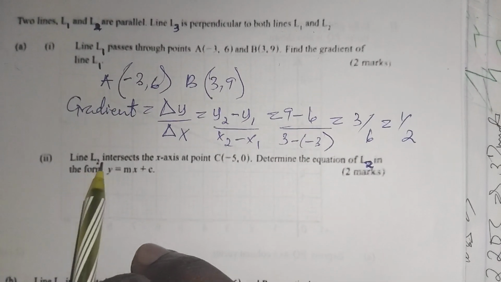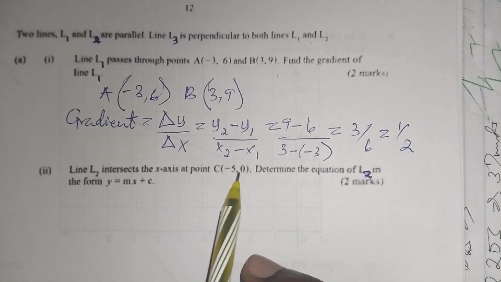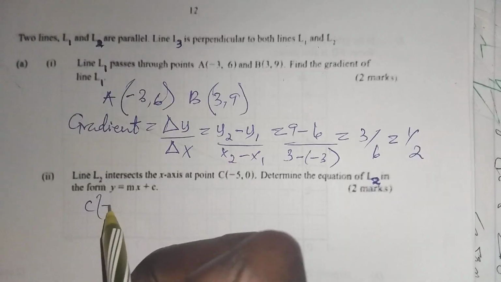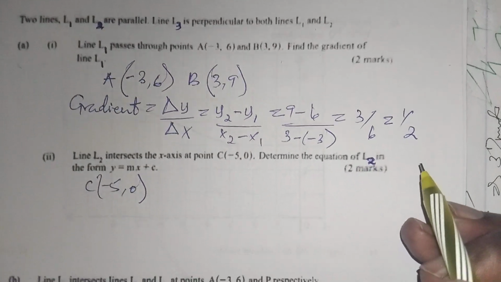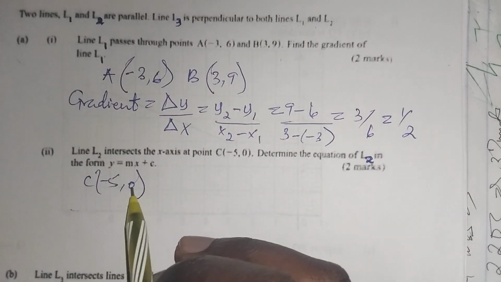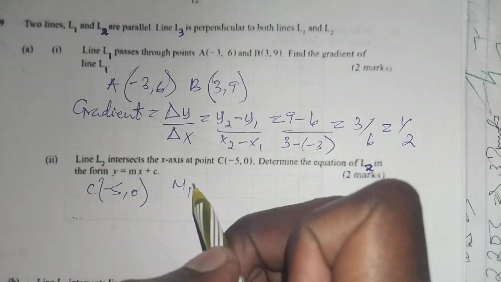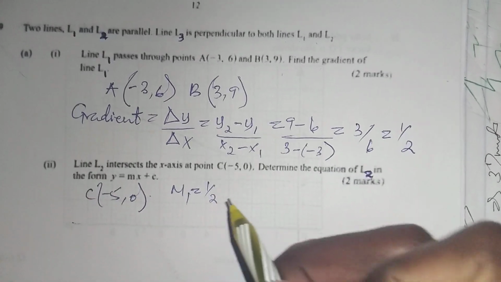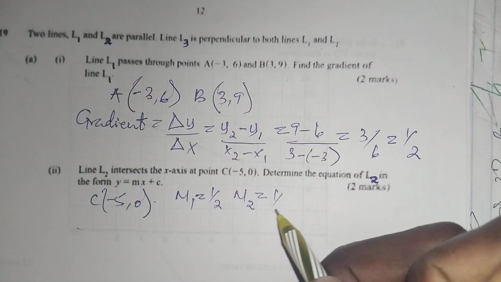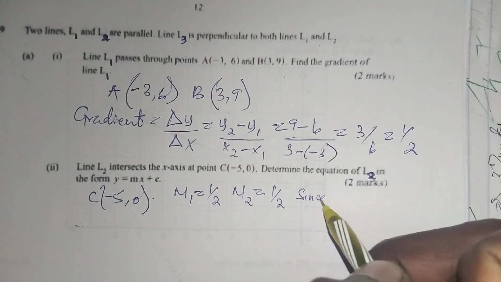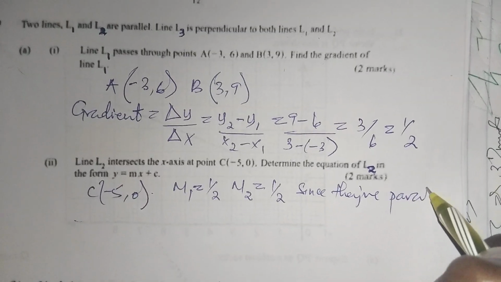Then they're saying L2 intersects the x-axis at the point C (-5, 0). Determine the equation of L2. If you are given one of the coordinates of L2, and we know our M1 was a half, the gradient for the second line will also be a half, since they are parallel lines.